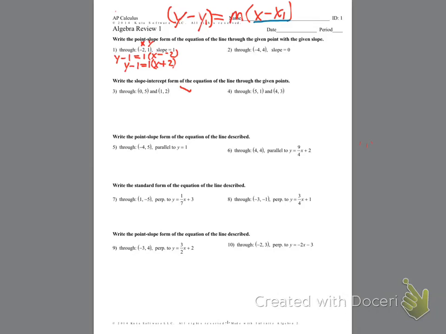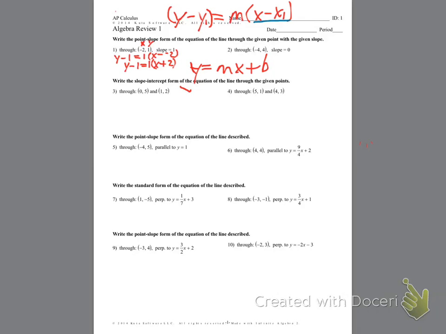So let's take a look at another equation. This one will be very similar. They want it in slope-intercept form. So that's just your y equals mx plus b. And so the first step, of course, would be to recognize that we need to find the slope.